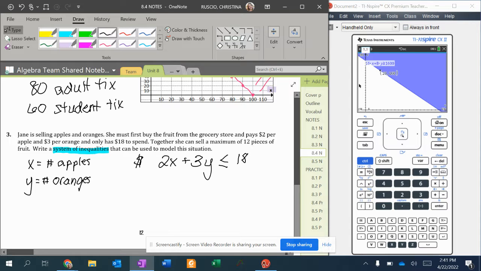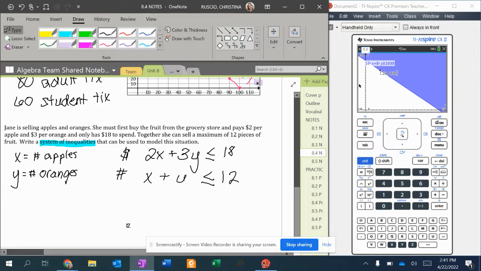Then she has a maximum number of pieces of fruit, and that means that she can only buy up to 12 pieces. So again, less than or equal to those 12 pieces. And what would that be? Well, the number of apples plus the number of oranges should be less than or equal to 12.